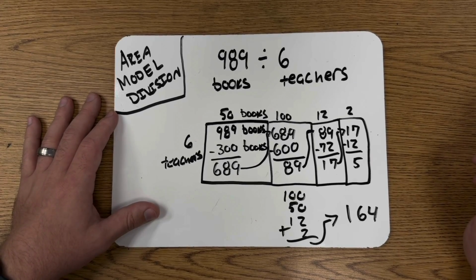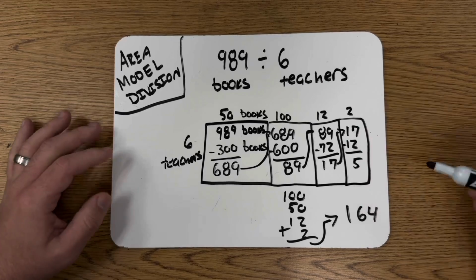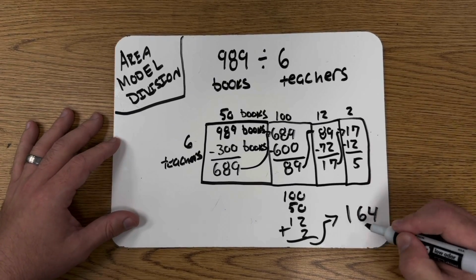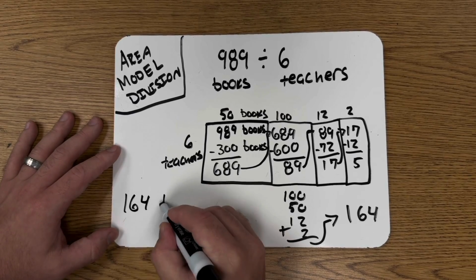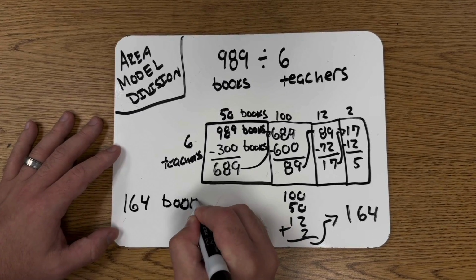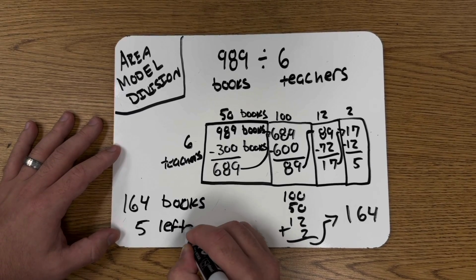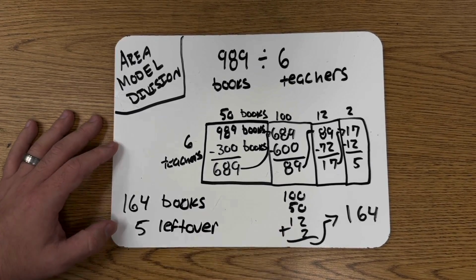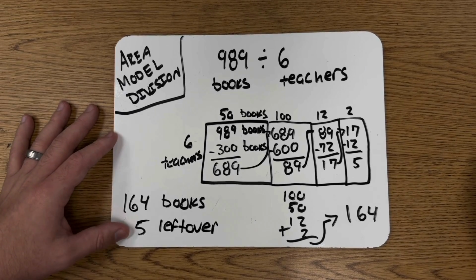So in order to distribute our 989 books to 6 teachers, each teacher is going to end up with 164 books with 5 books left over, okay? That is a remainder. 164 books per teacher with 5 books left over.